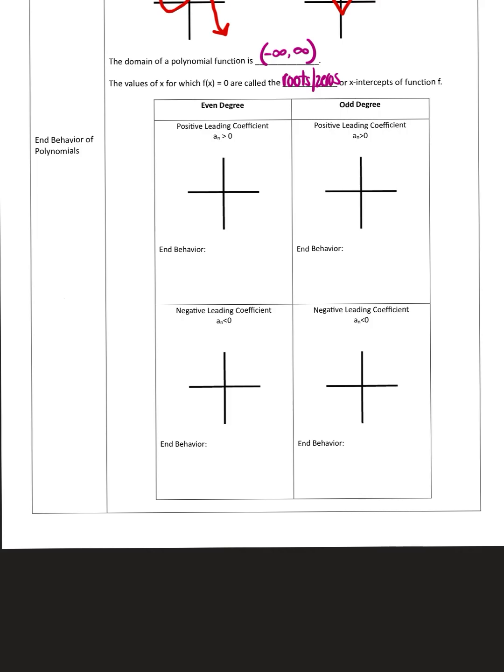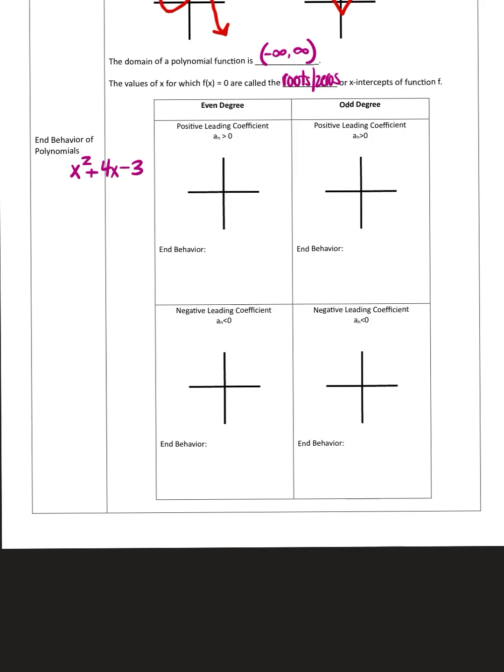So if we have a polynomial that has a positive leading coefficient and an even degree, an example of that would be, let's say I had x squared plus 4x minus 3 as a polynomial.